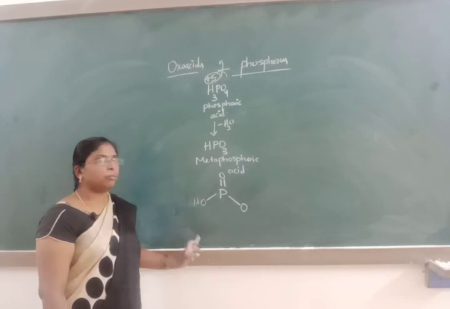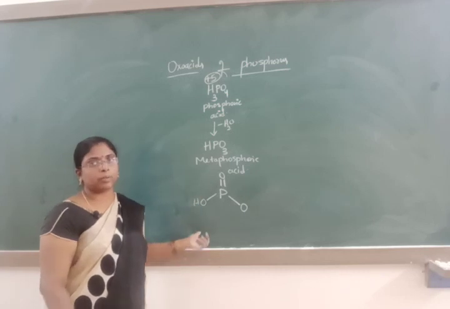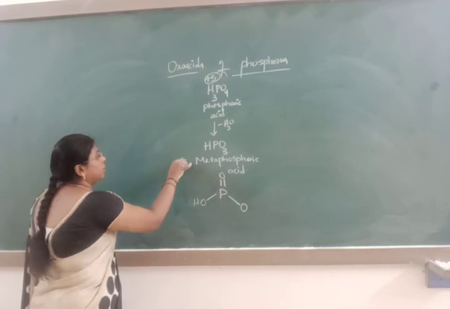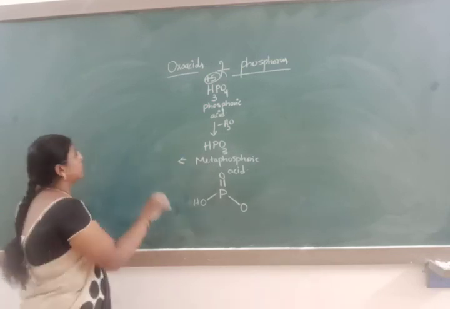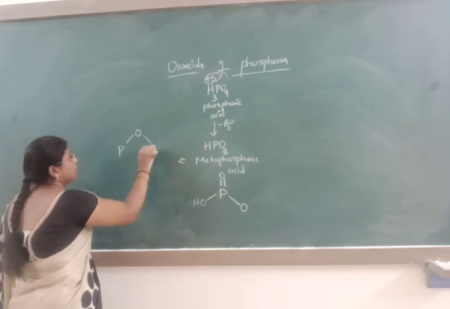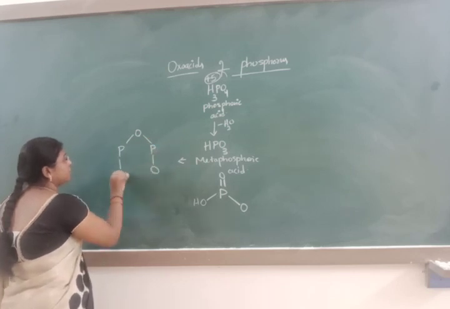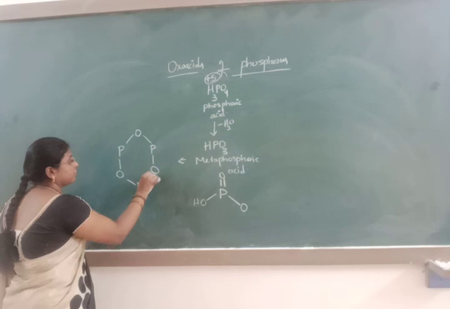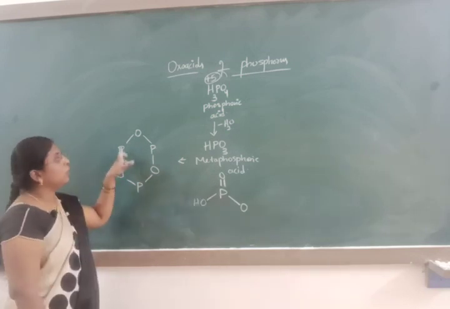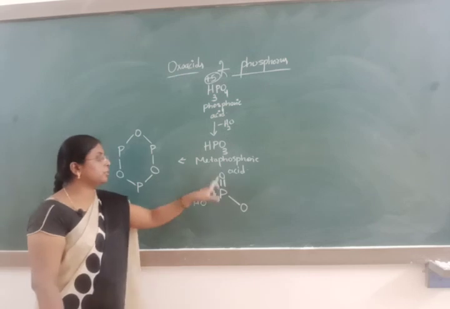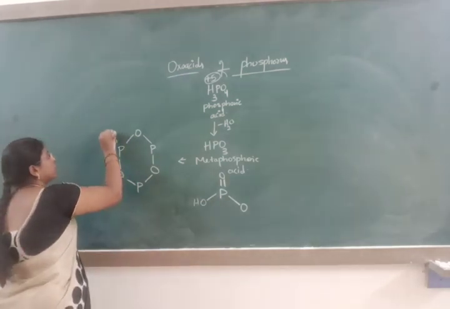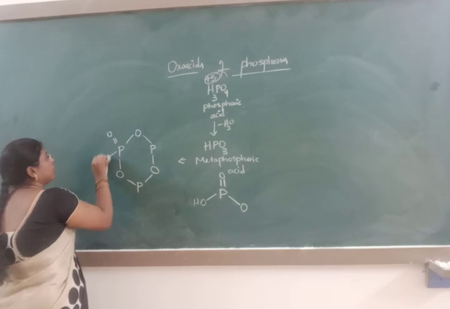If it is in the form of a cycle, it is known as cyclotrimetaphosphoric acid. For 3 units of metaphosphoric acid combined in cyclic form, to each phosphorus a double bond O as well as OH is attached.